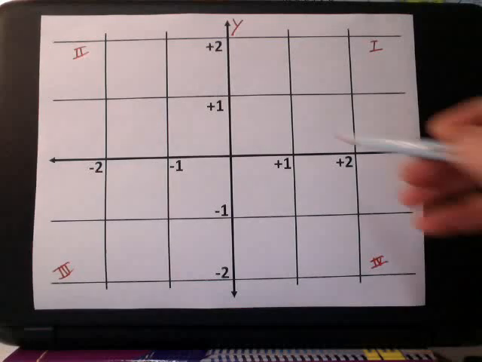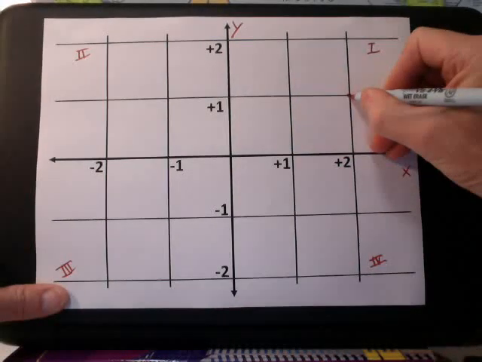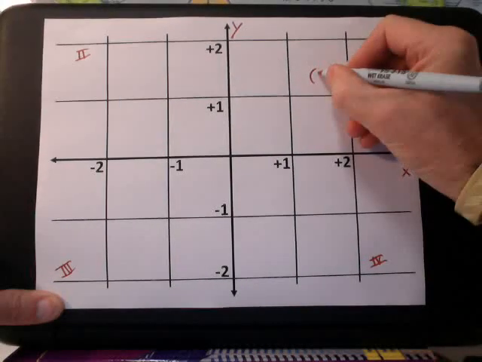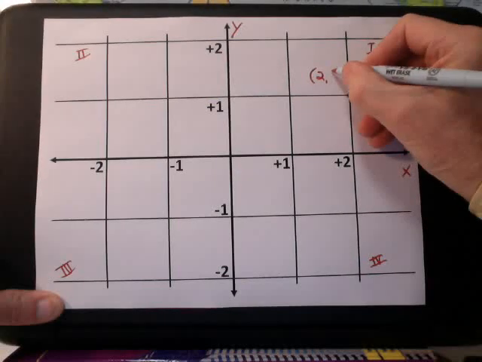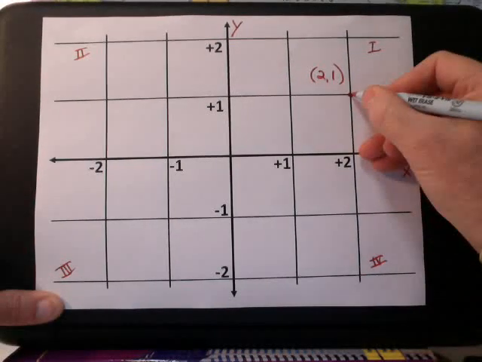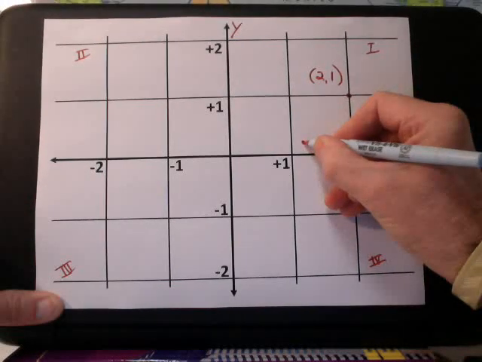If you find a point located right on an intersection, you would have the ordered pair of positive 2, positive 1, okay? But not every point is going to land on an intersection. Some points will land somewhere in between.